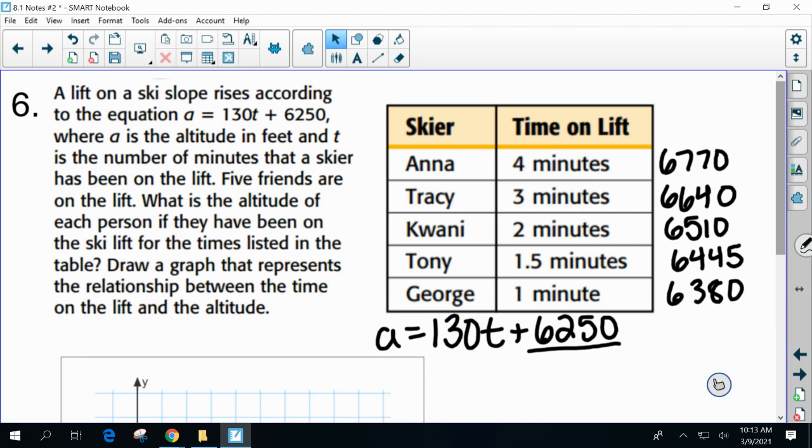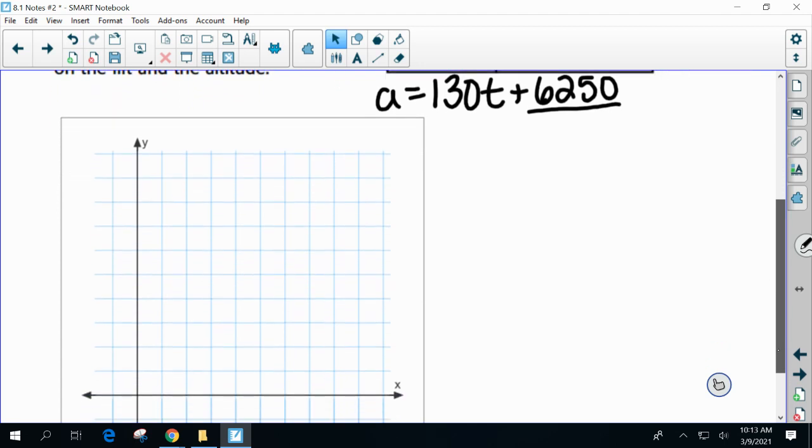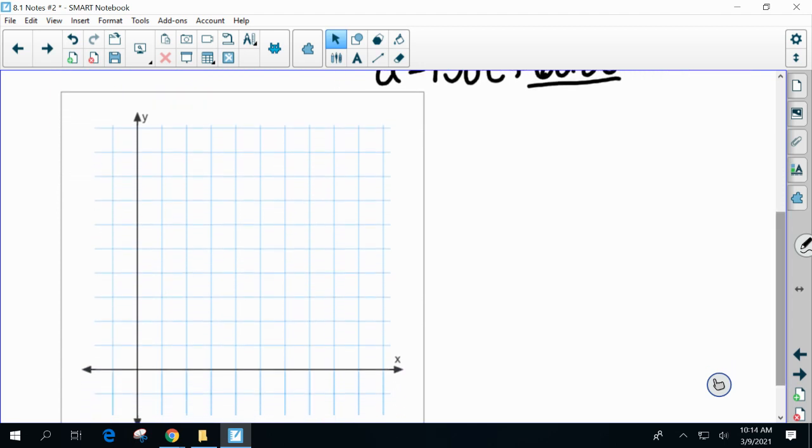Since all of our values are in the 6,000s, I would recommend we go up by either 500 or 1,000. Correct. So we probably could go up by 1,000, would be a good idea.